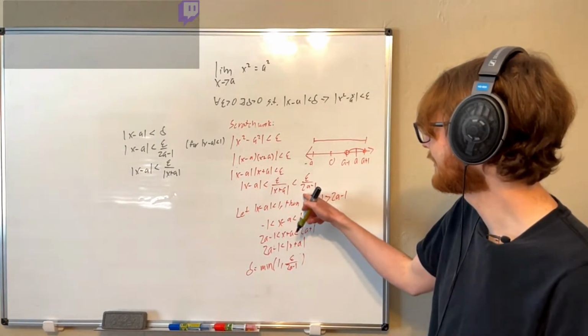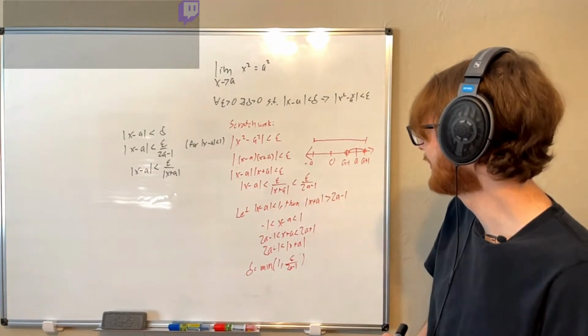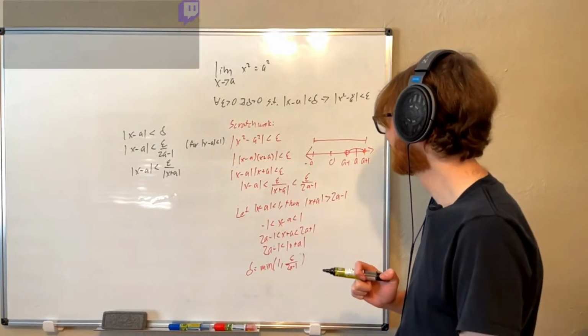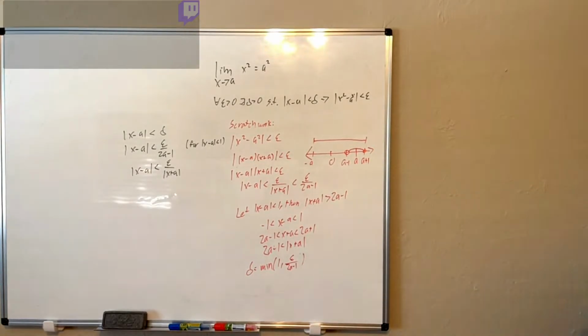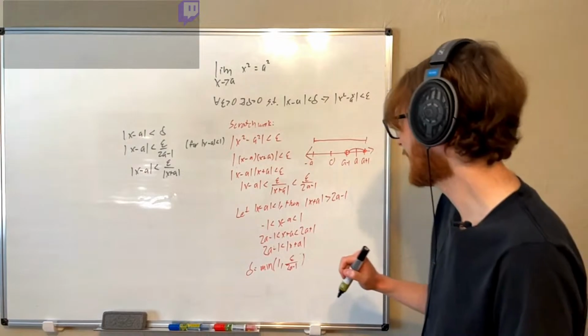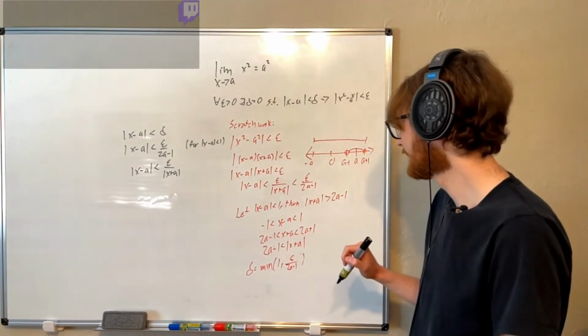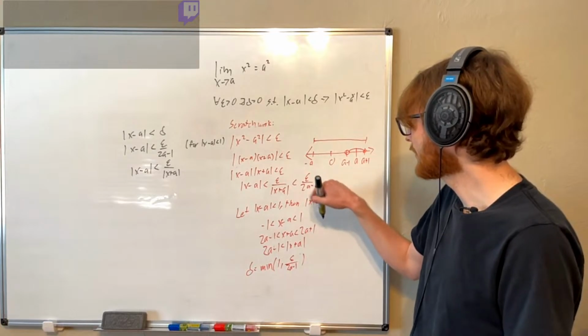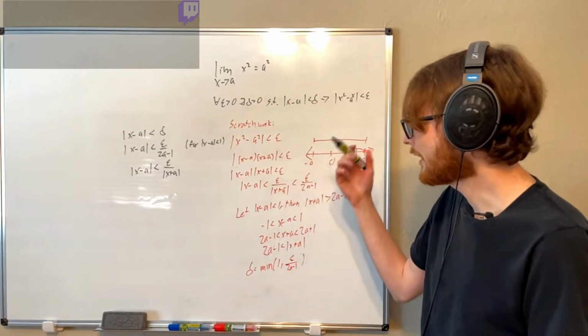But I guess, is the me of 10 minutes ago right about that? It should be, because x minus a is greater than 2a minus 1. And if you divide by a smaller number, it's a greater overall value. So I think this is okay.